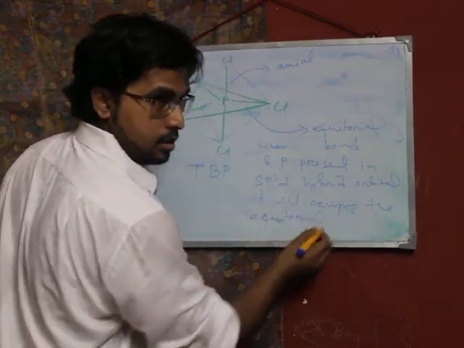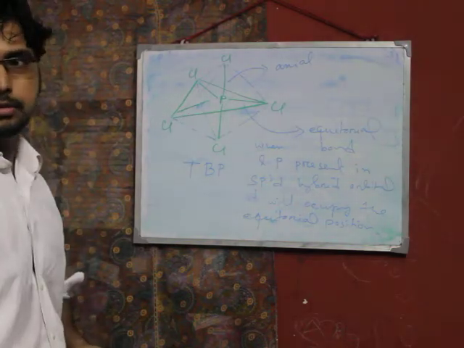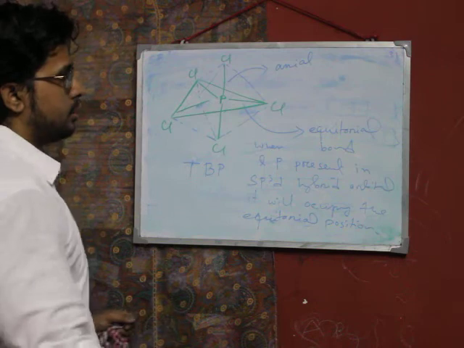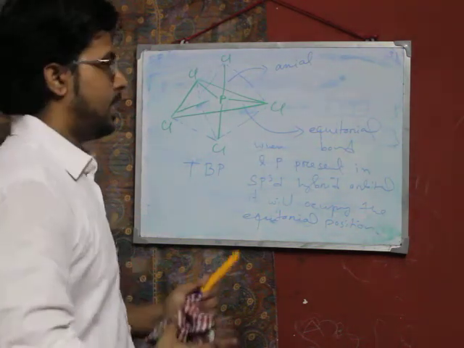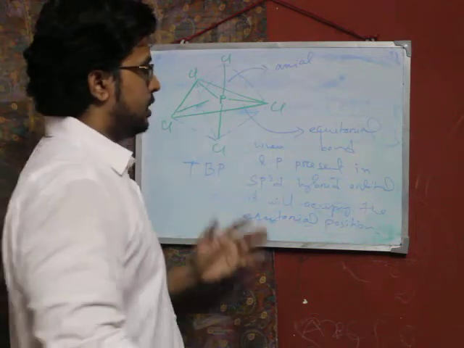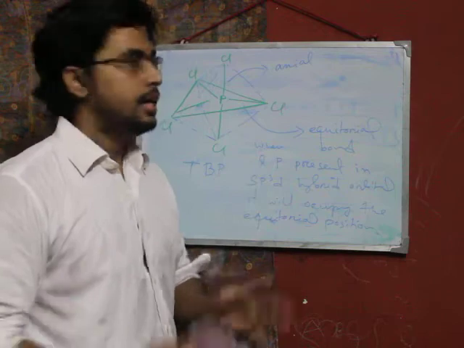But in case of 6 geometry, it will prefer the axial position. Always remember, in case of 5 geometry, the lone pair will prefer the equatorial position.